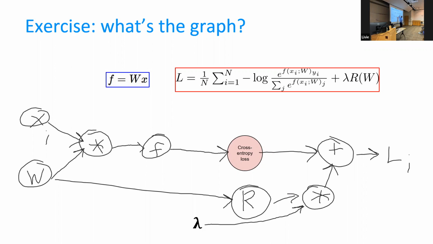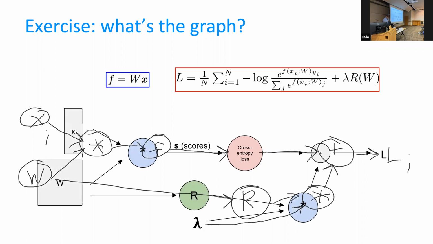So j sums over all of the different classes, and then yi is an integer representing a specific class. So in this case, it would be like 2, which would take the index 2 item from this method. All right. And I think what we drew matches what's on the slide.